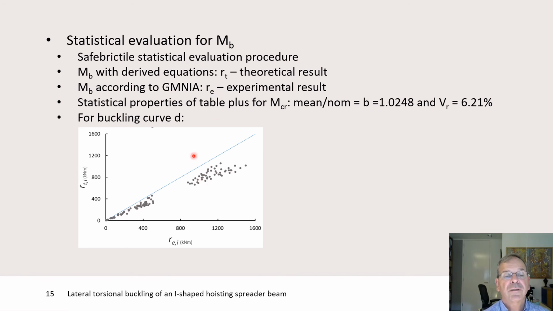If you confront them to each other for a certain buckling curve, D in this case, then this is what you get. We used the statistical properties of the table shown before, and for M critical we used the mean to nominal value B and the earlier derived variation coefficient.